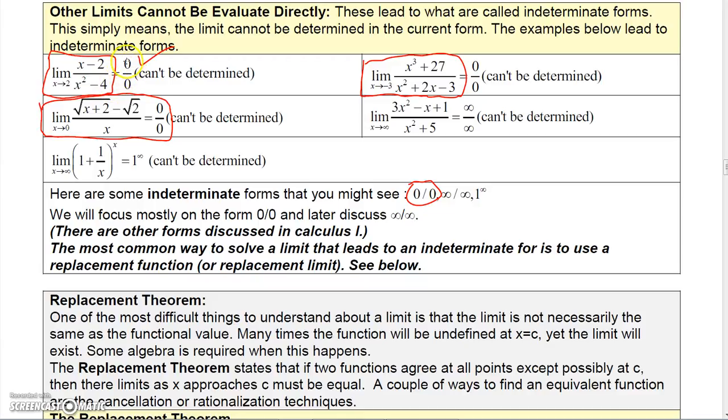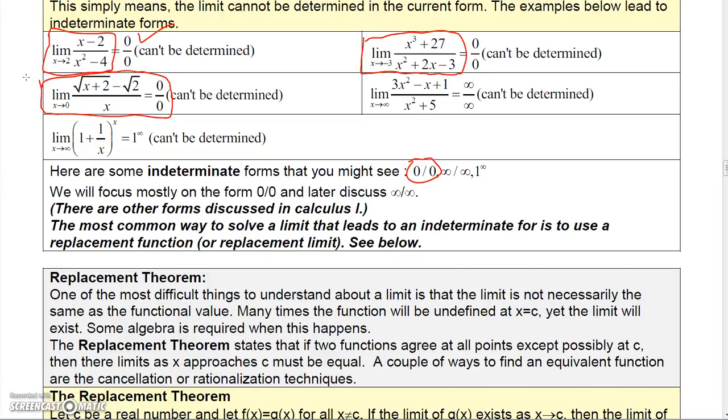But the point is that anytime you evaluate a limit and you get 0 over 0, there's a 95% chance that the limit's actually going to equal a number. So just remember that. 0 over 0 when you evaluate a limit, and the limit's probably going to equal a number like 2 or -3 or something like that. So be very careful when evaluating.